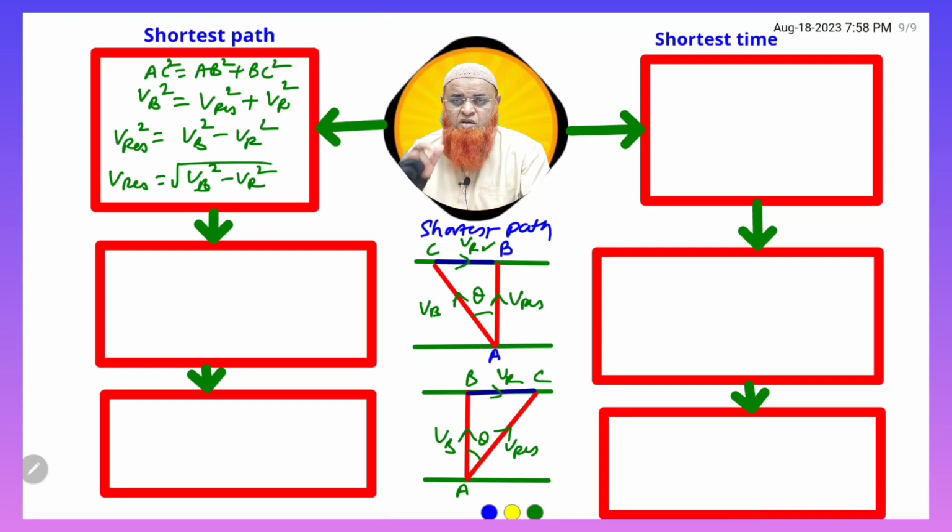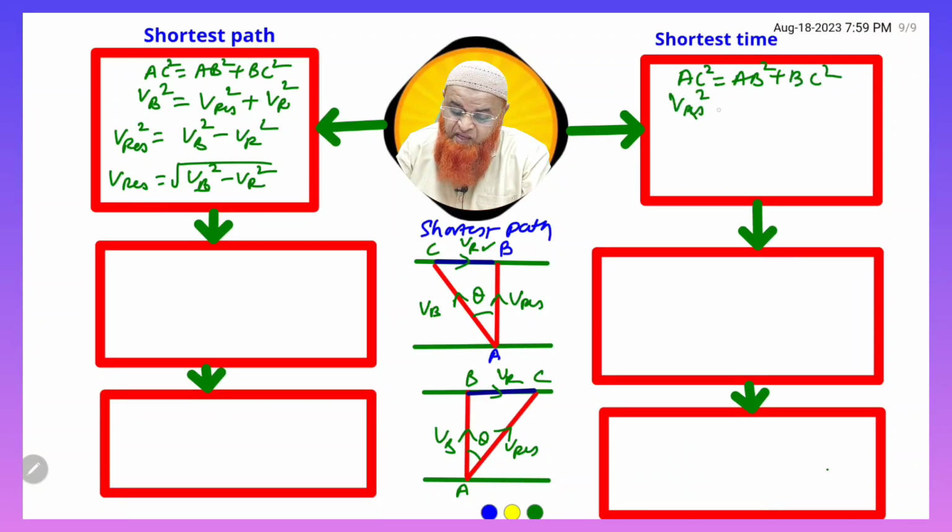Now the resultant velocity is going to be the hypotenuse. Therefore, here also you are going to apply the Pythagoras theorem. Here also we write AC square is equal to AB square plus BC square, where AC square is nothing but V resultant whole square, resultant velocity, and AB is nothing but velocity of the boat whole square plus velocity of the river whole square.